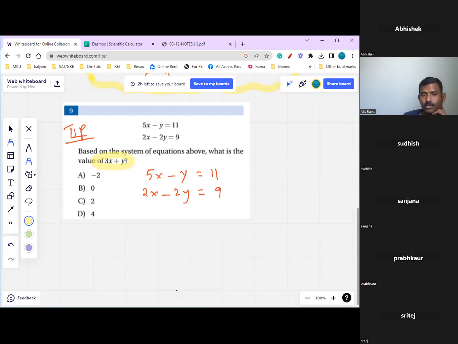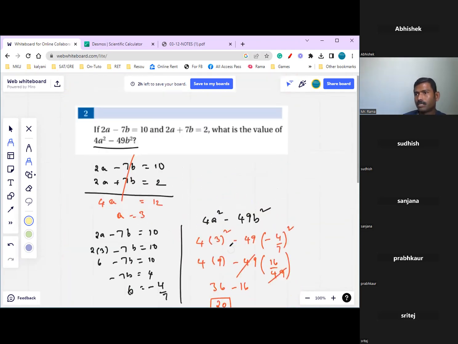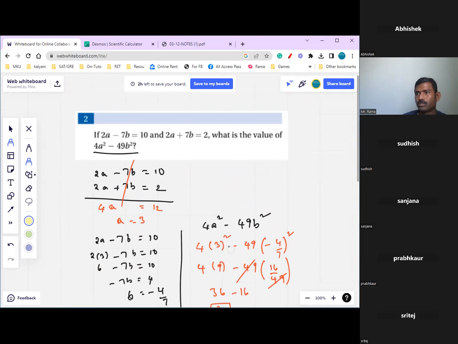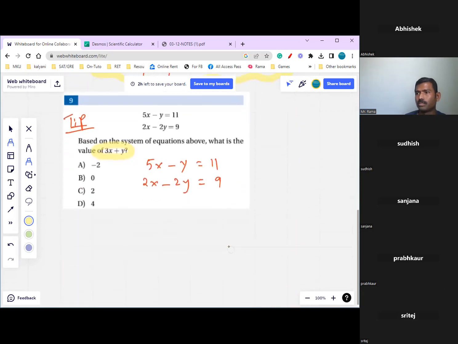Come back to your equations and see, can you see any relation here? If I add or subtract, can I get this equation? Same way, if I use my logic from the last question, if I use these two equations, can I get this? If you have that logical thinking, these questions are super easy.